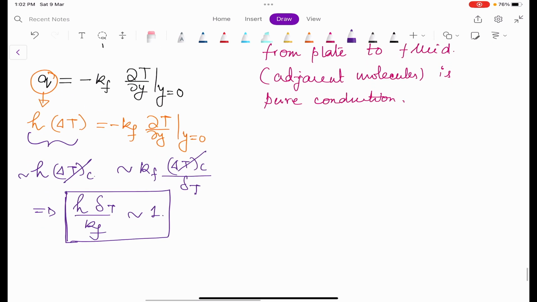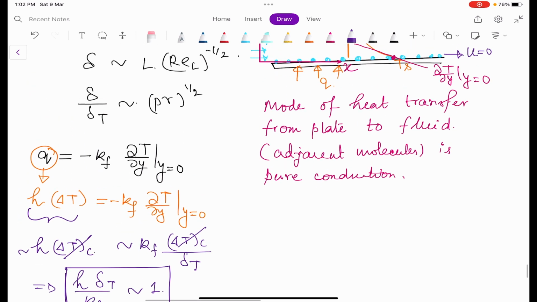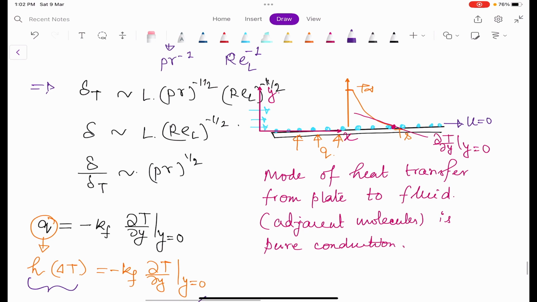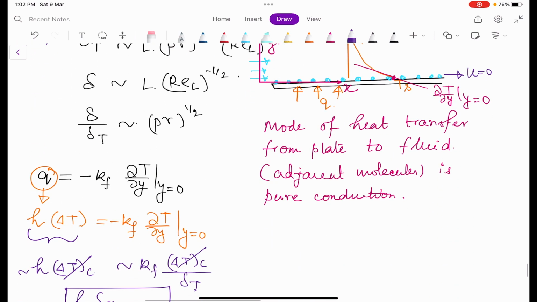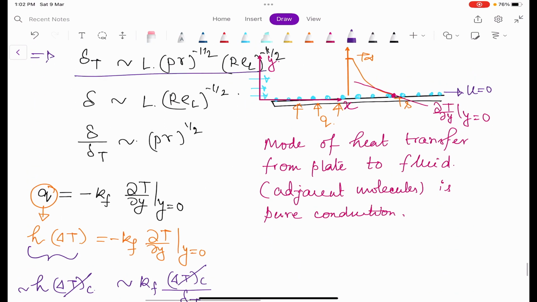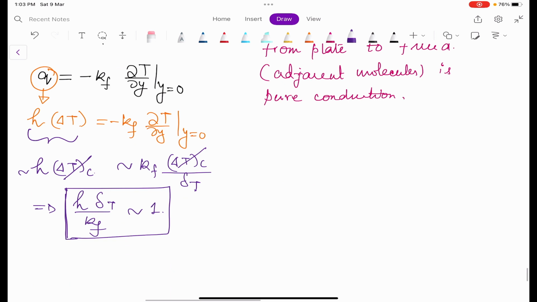Now I have for Prandtl number less than 1 delta t as this. So let me write it for Pr less than 1, delta t by L is equal to Pr to the power half Re to the power, not half, minus half.